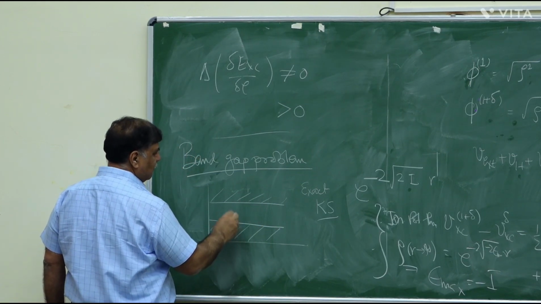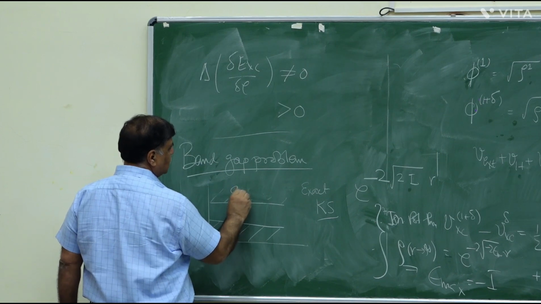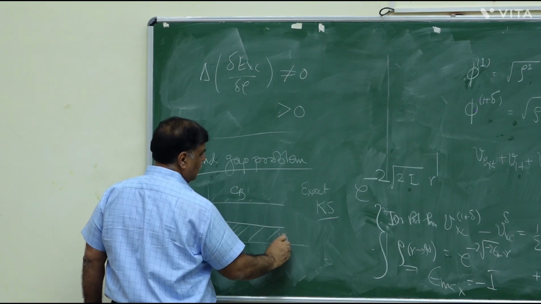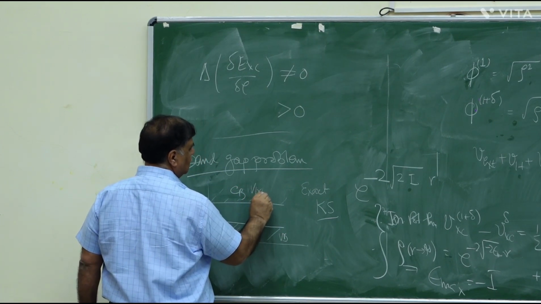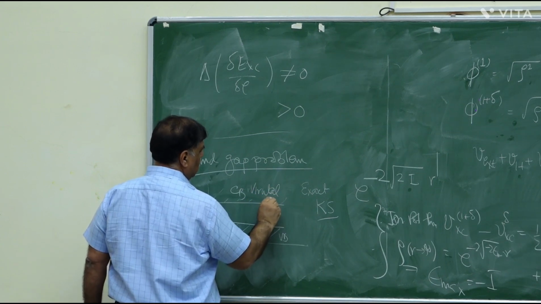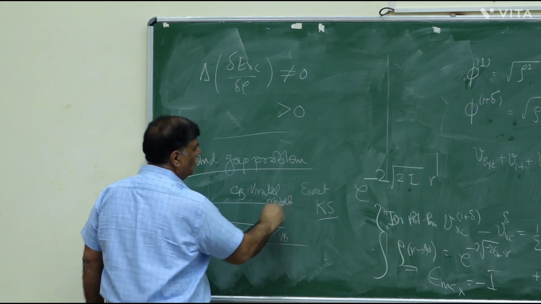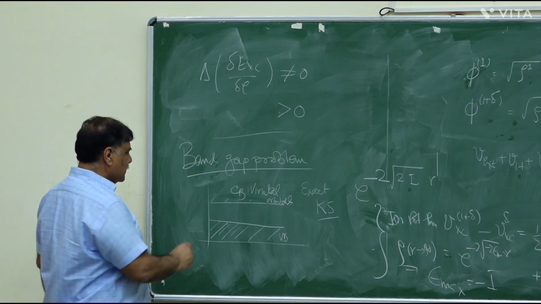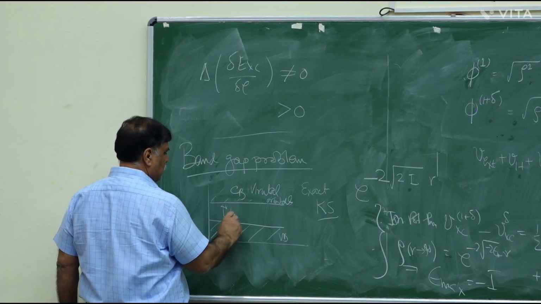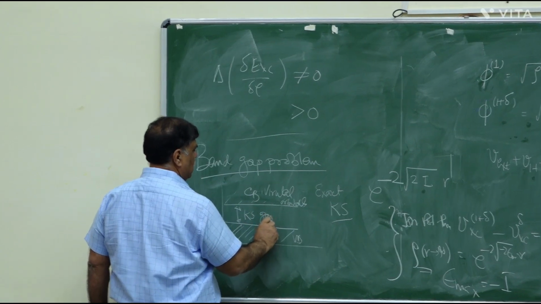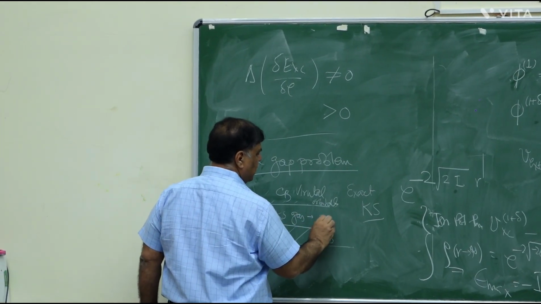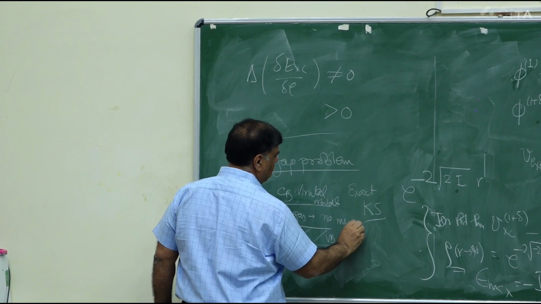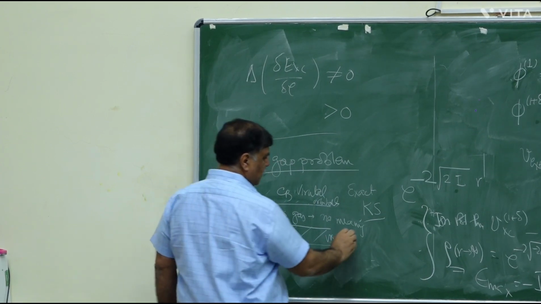Up to this, all orbitals have no meaning, and this is the conduction band, valence band. These are virtual orbitals. No meaning. Only this has meaning. Right? So this gap, ideal, would have no meaning.